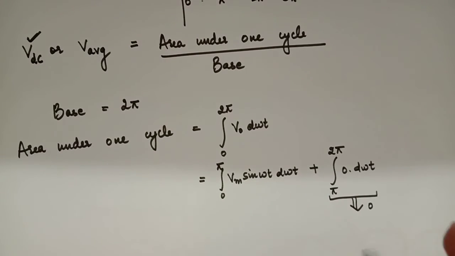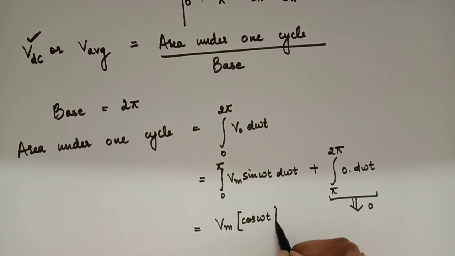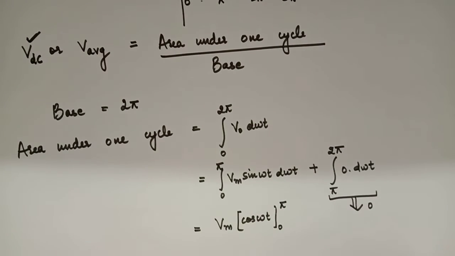We are left only with this part. Vm is constant. Sin omega t d omega t integrates to cos omega t, from 0 to pi, and it will be equal to Vm cos pi minus cos 0.